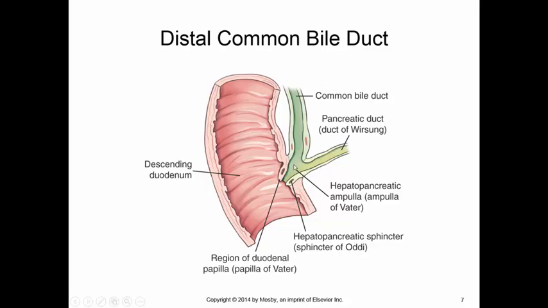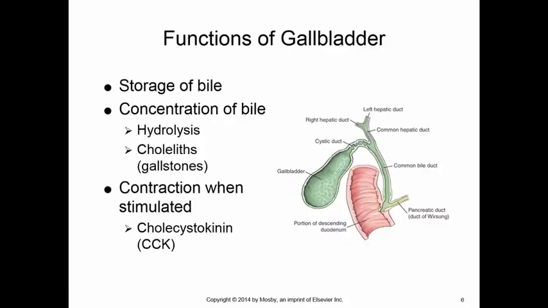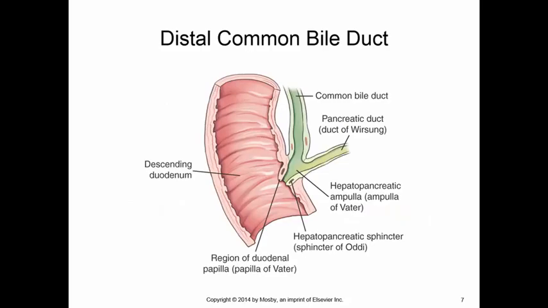The common bile duct meets with the pancreatic duct, and they form one little highway here known as the hepatopancreatic ampulla. Now, in these 60% of people, this short little channel right here becomes narrower and narrower as it enters the duodenum, and that's therefore a very common site for impaction of gallstones.